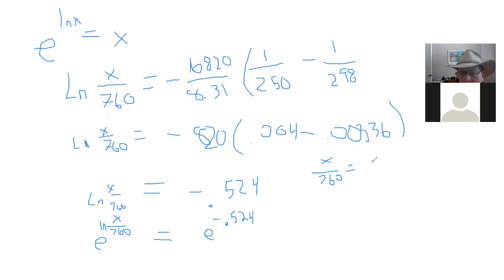This is equal to 0.524, 592 rather. Now you multiply it by the 760. And actually this turns out to be a pretty good problem. 450.